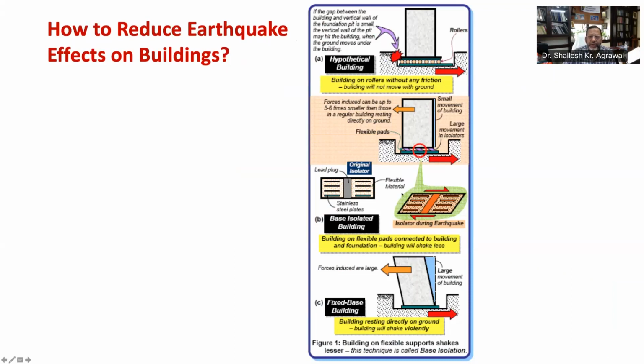Now let's look back again at figure 1B. The flexible pads are being explained here. They are also known as base isolators, whereas the structure protected by means of these devices are called base isolated buildings. In engineering term, base isolation technology introduced flexibility in the structure.